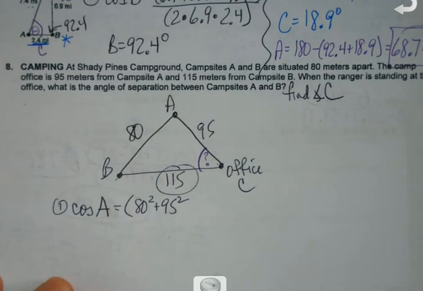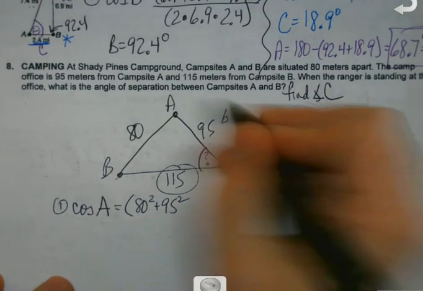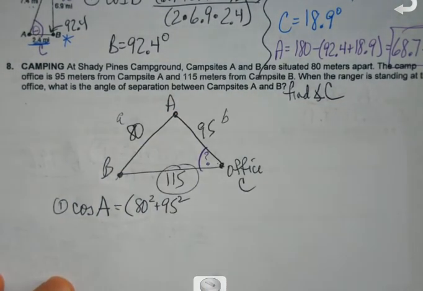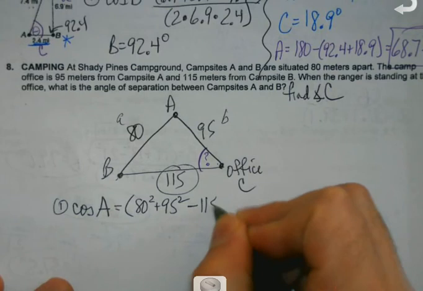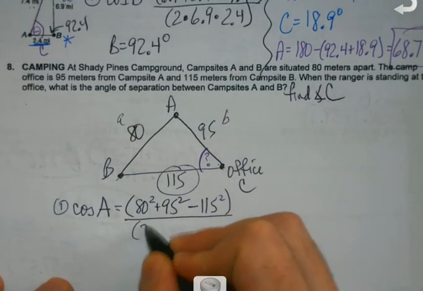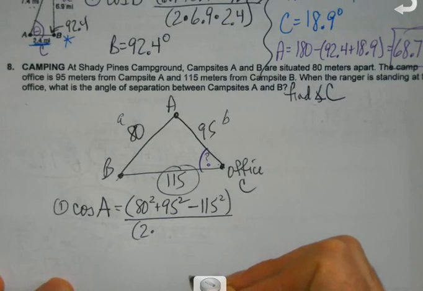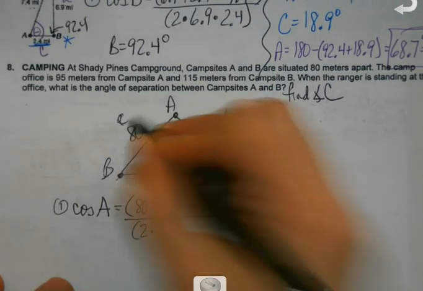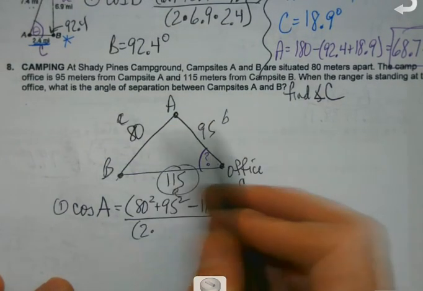The order doesn't matter, so if you did, you know, here's B, here's A, you're like, why'd you switch them? Doesn't matter. Minus A squared. And then 2 times my 2 sides not named A.